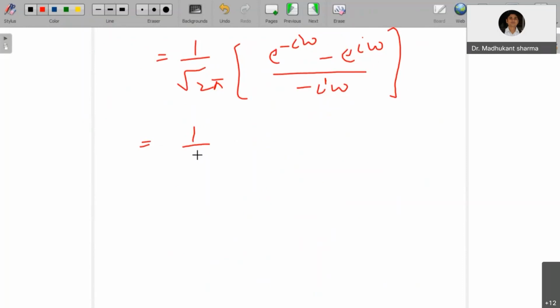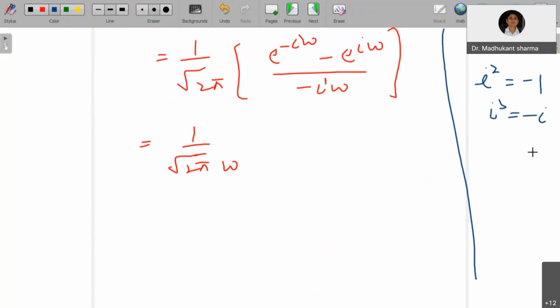You can write this as square root of 2 pi w, and you have minus i here. So you can multiply and divide by i, and use the property that i squared is minus 1 and i cubed is minus i. So this is going to be i times e to the power minus i w minus e to the power i w.